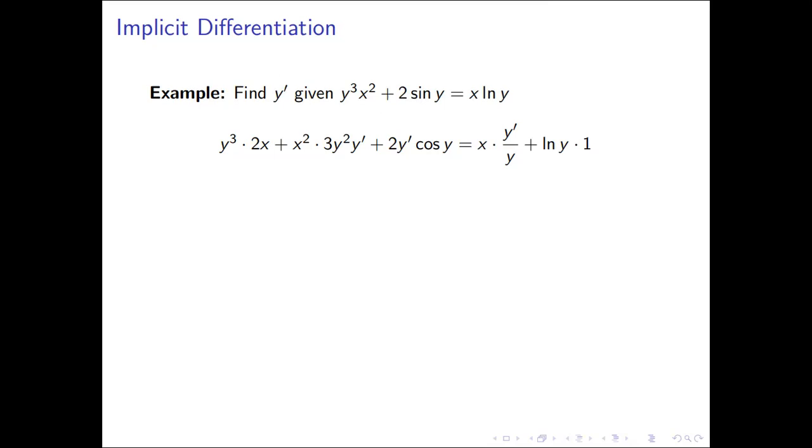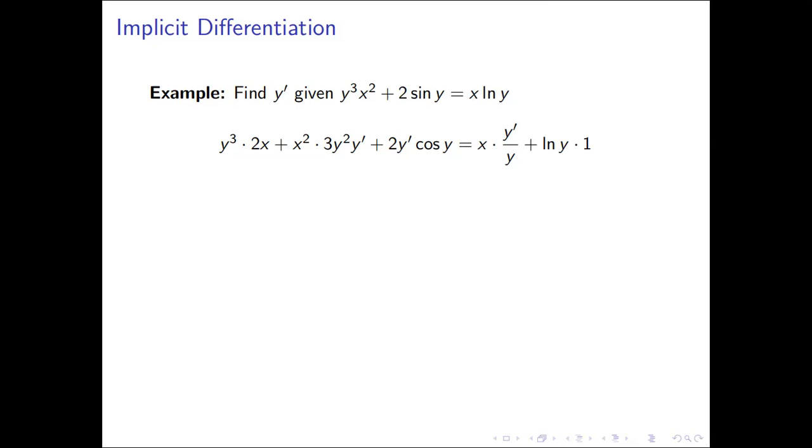Now, how can we solve for y prime here? Well, first, we need to manipulate this equation so that no fractions appear. And then second, we must isolate y prime on one side. To be able to do that, we have to transpose all terms containing y prime on just one side of the equation.